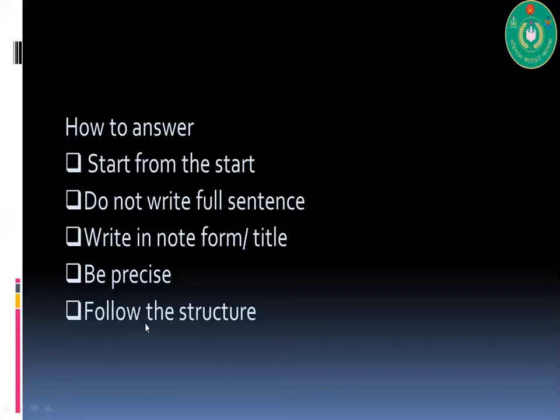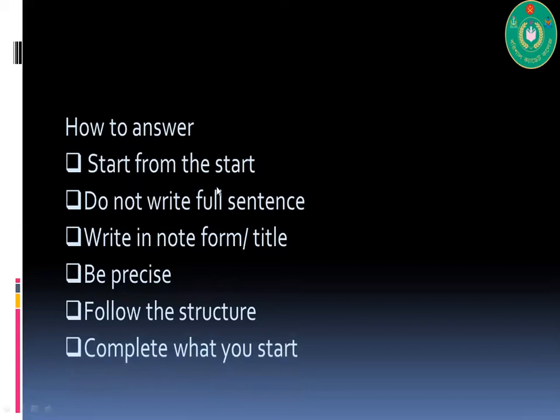Finally, follow the structure. The structure, as we talked about earlier, must be followed. I'm talking about the possible structures later on; we have to follow those structures. The example given, we should follow that example. Complete what you start.